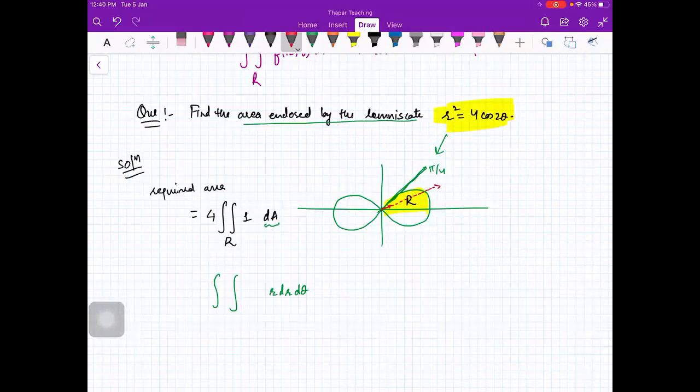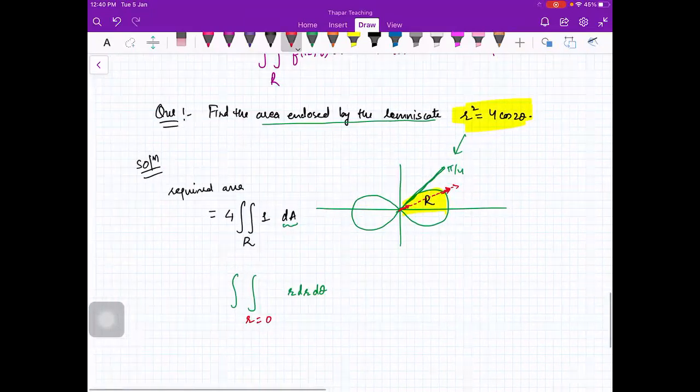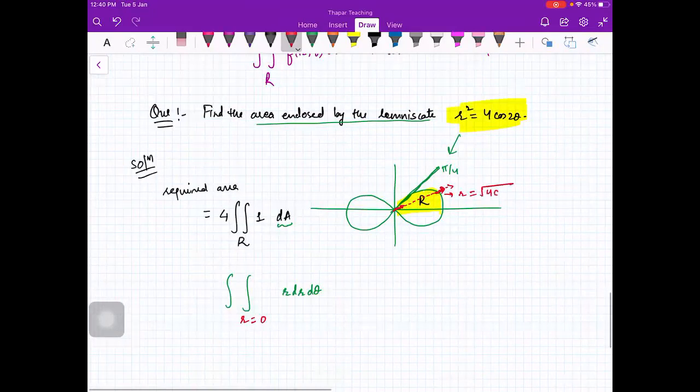Entry point is here itself, which is r equal to 0. And exit point is this. So r equal to 0 to, what is this? This is r is equal to square root of 4 cos 2 theta. So r is from 0 to square root of 4 cos 2 theta, and theta is from 0 to pi by 4. Is that thing clear to everybody?